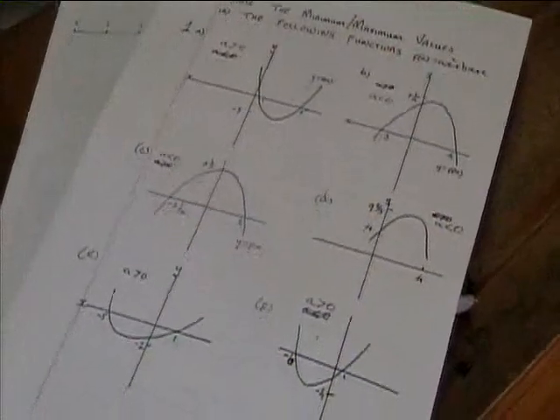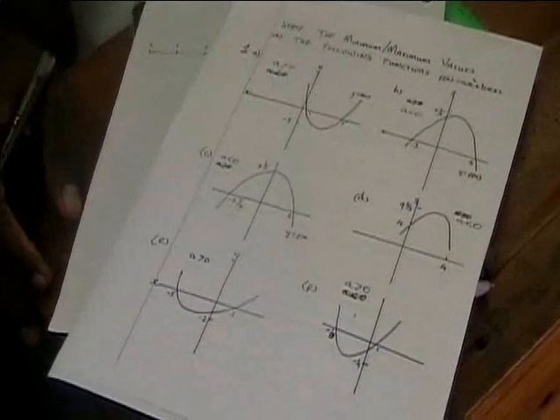Now in number 1a, you will see the value of a is greater than 0, not so? And if the value of a is greater than 0, this produces a maximum or minimum value? Minimum.